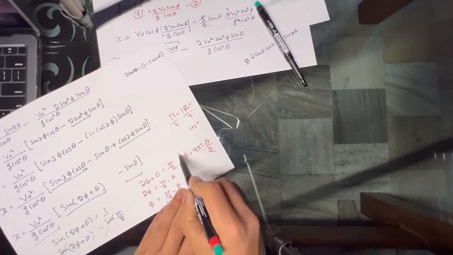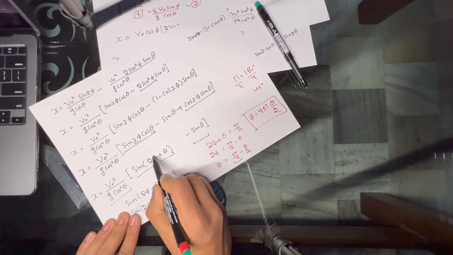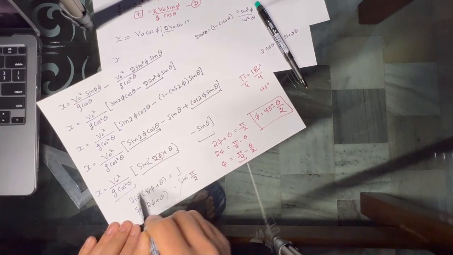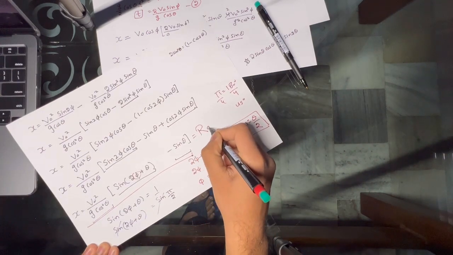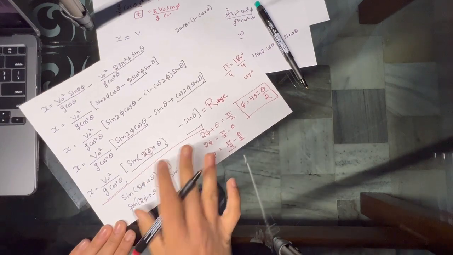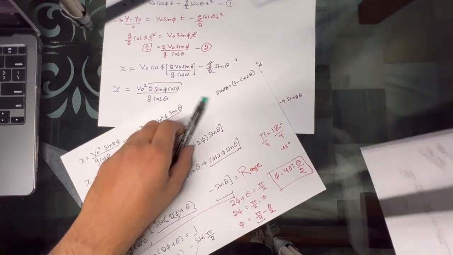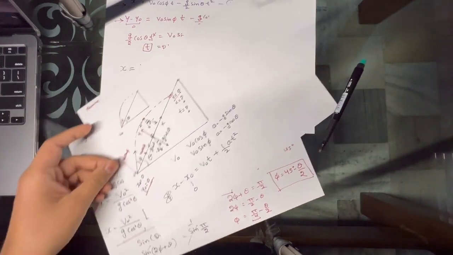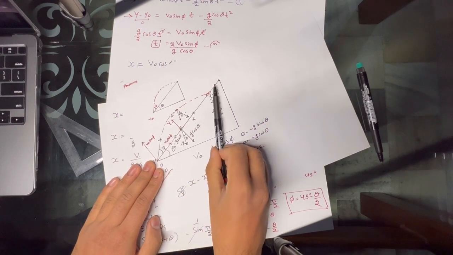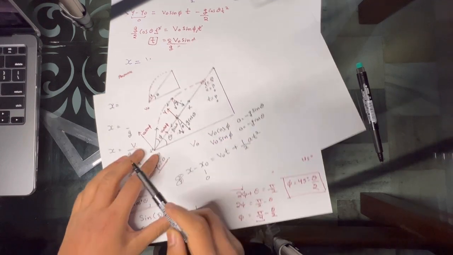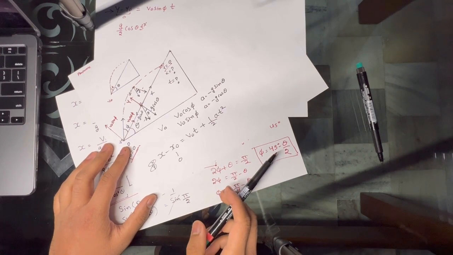If we use this angle in phi, this term becomes maximum, and that's our maximum range. So let's get back to the diagram here. If we want our projectile to have maximum range, then phi should satisfy this equation, 45 minus theta by 2.